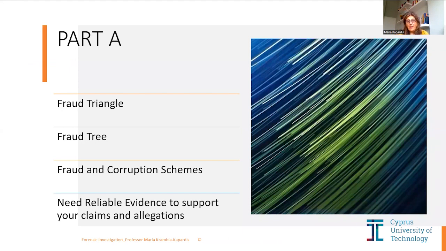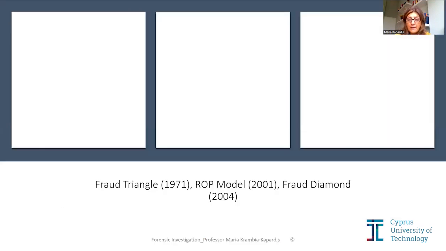So let's move on to part A. In part A, we're looking, as I said, at the etiology of fraud. There are a number of theories. The first theory is the fraud triangle, which we'll discuss, and there is the fraud tree by the ACFE, the fraud and corruption schemes. We need reliable evidence to support any allegations we make.